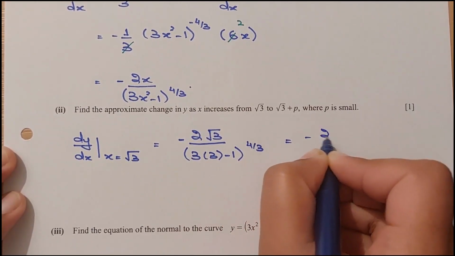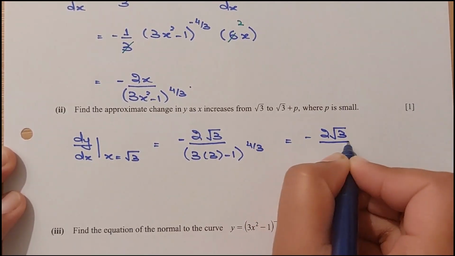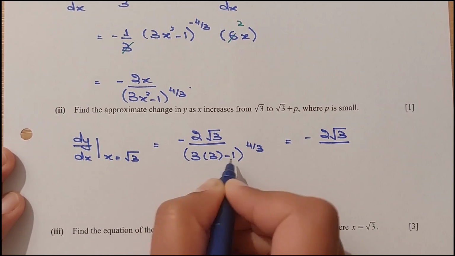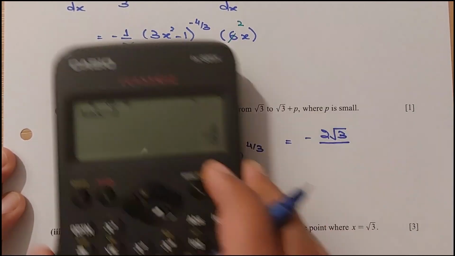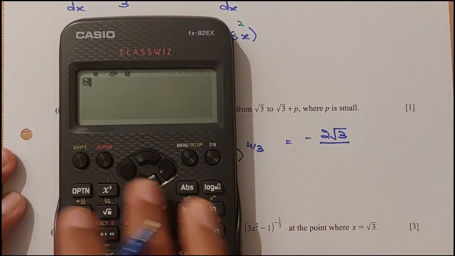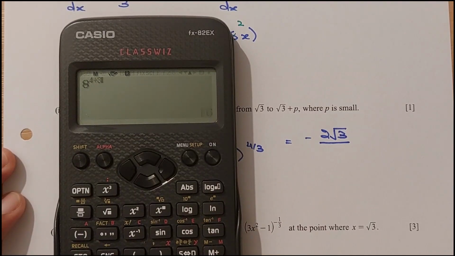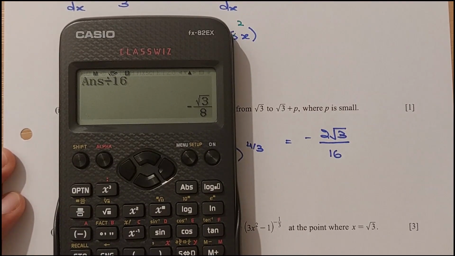So this is minus 2 square root of 3 divided by 3 times 3 is 9, and 9 minus 1 is 8, and 8 power 4 by 3. 8 power is 4 divided by 3. This is 16. Okay, so negative 2 square root of 3 divided by 16.